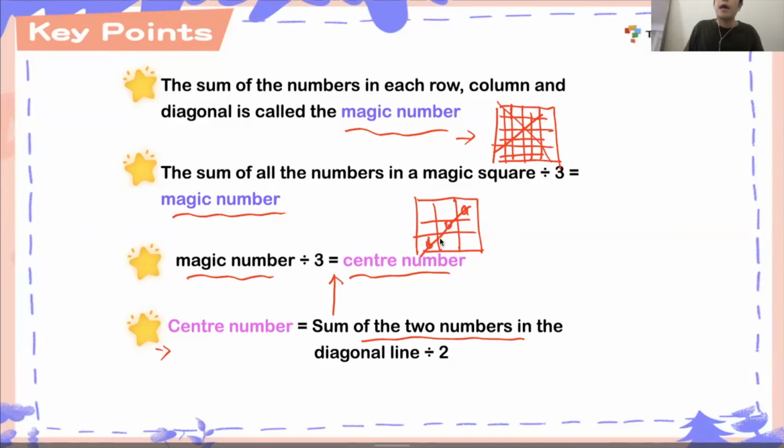And we should know the magic number is the center number times 3, right? So if we replace this magic number with 3 times the center number, that is the center number plus the other two numbers, right?